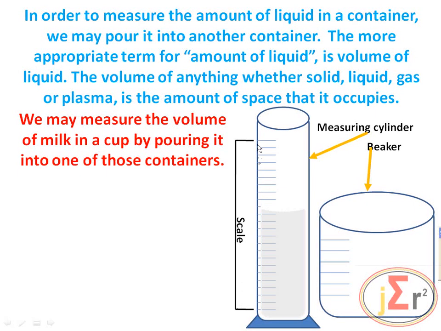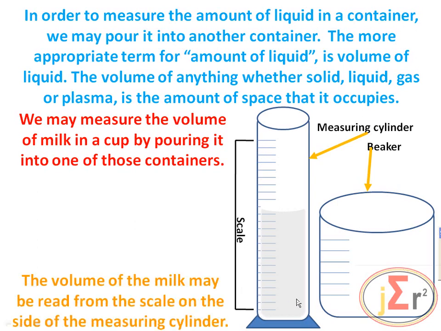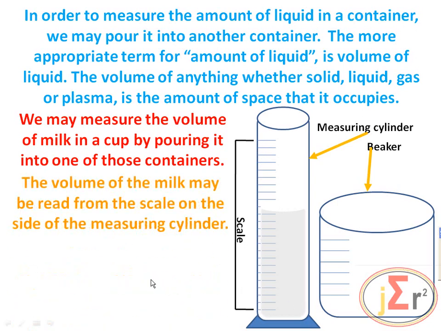So we have a scale right here that we can use to determine the value of the volume of liquid that is in that container. The volume of the milk may be read from the scale on the side of the measuring cylinder. So how do we measure the volume of the milk? We make use of the scale that we have on the measuring cylinder.